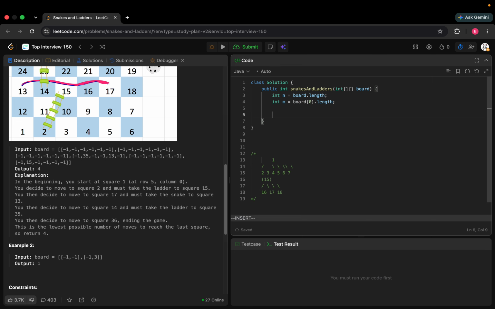And then we have the visited set. Because we use BFS, it is implemented by a queue.